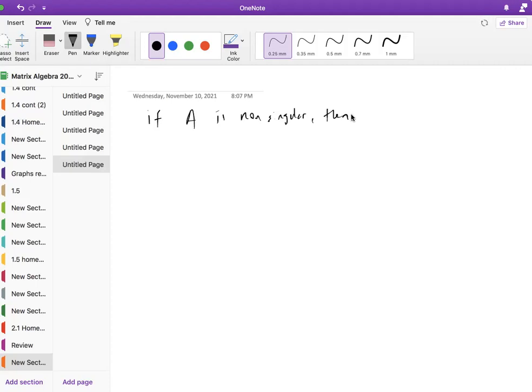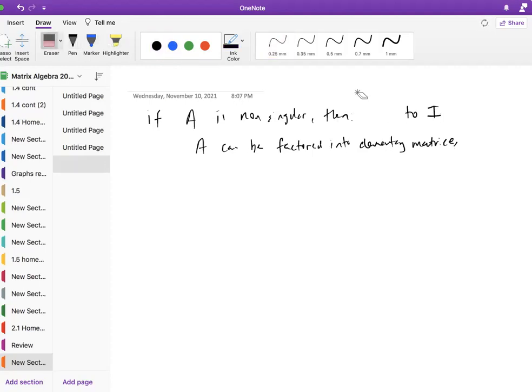Yeah, if we convert to elementary matrices, A can be factored. Right, why is that true? Because it's row equivalent to I. So let's think about that.